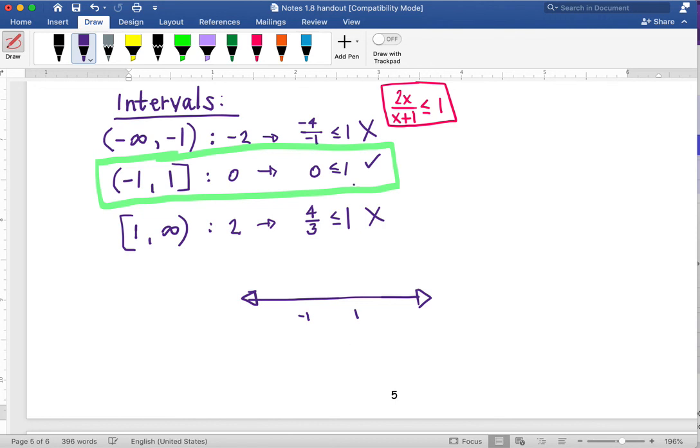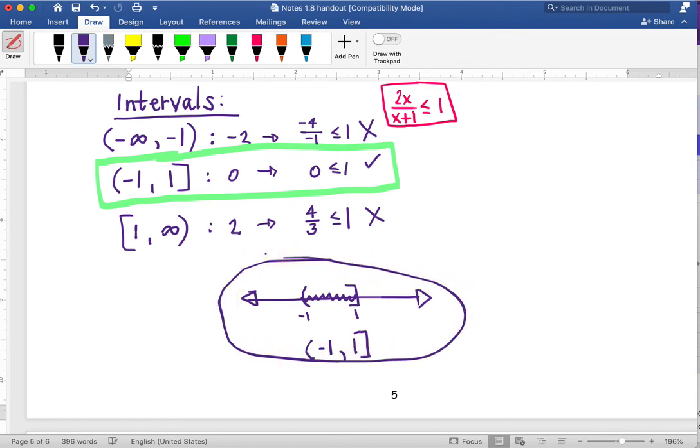I'm shading in between, so I've got a parenthesis on -1 and a bracket on +1, and I'm shading between. And my interval for the solution is parenthesis at -1, going up to 1 and including the 1 on that side. So again, not too terribly difficult, just long.